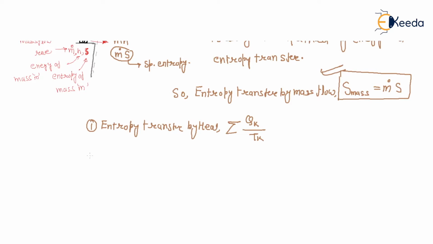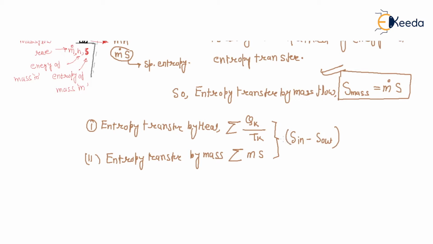Number two, entropy transfer by mass, that is m s. This is your entropy transfer by mass. So this is your entropy transfer, that means S in minus S out. These two combined will form S in or S out.